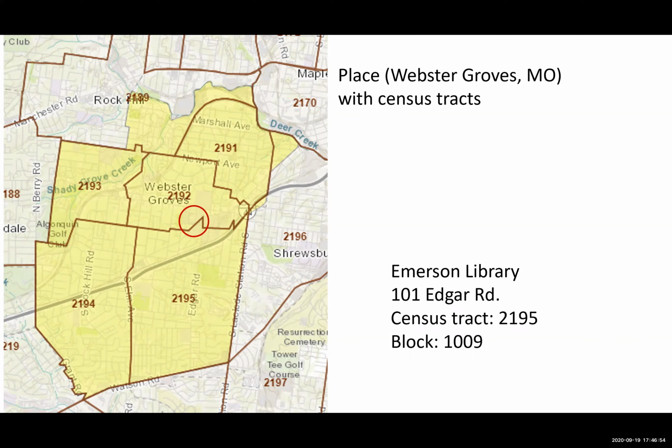For example, tract 2189 at the top left is partially in Webster Groves and partially in Rock Hill. For your research, you may want to gather data for a place, such as a city, as a whole, or you may want to focus on one or more census tracts. Let's see how we can do so.